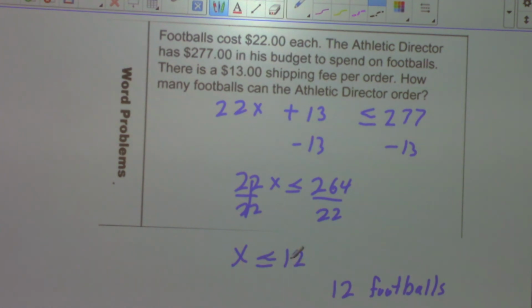It wouldn't be exact, but we would have to pick 12, so our real answer is going to have to be an integer. Let's say we had 11.9, right? Then what would the answer be if we had 11.9? 11, okay? So you have to always think in the context of the problem. But yeah, she's right about that.